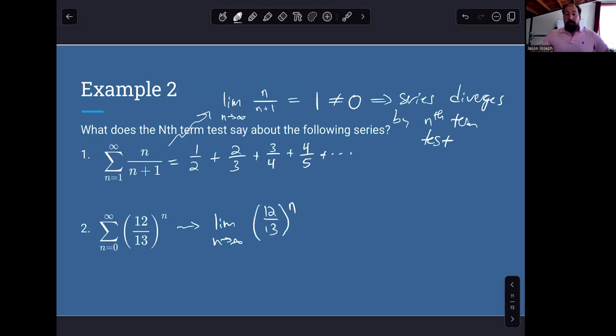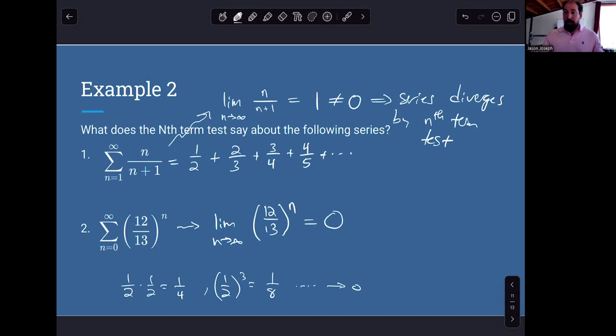Now, if you have any number that's smaller than 1, for example 1/2, and you start raising it to higher and higher powers, it's going to get smaller, right? It's going to eventually approach 0. And that's what's happening here too. 12/13 is less than 1, so if I raise it to larger and larger powers, it will get closer and closer to 0.